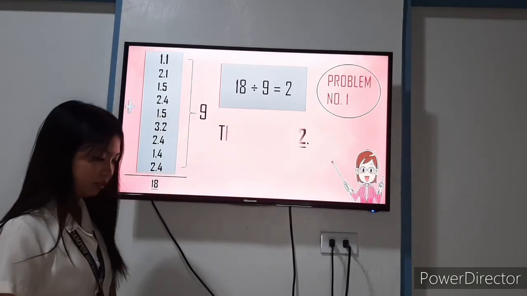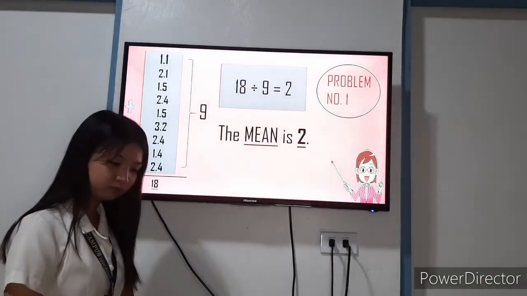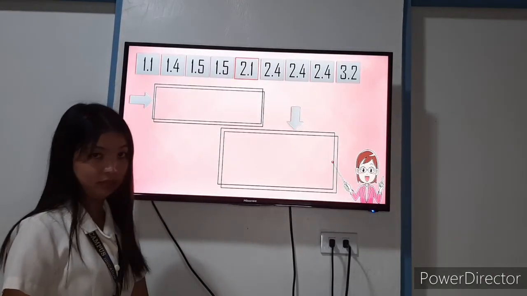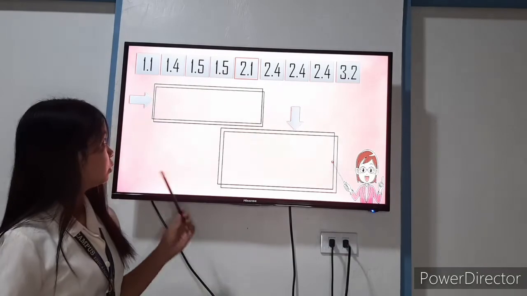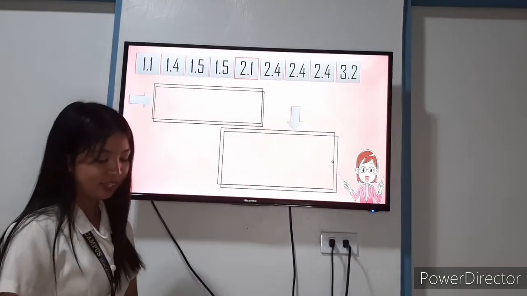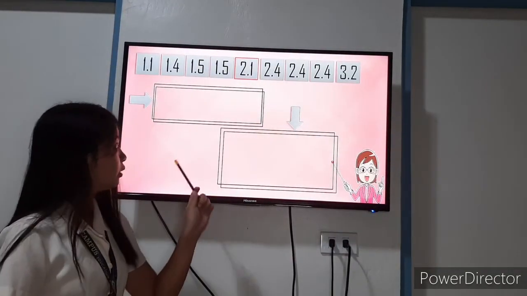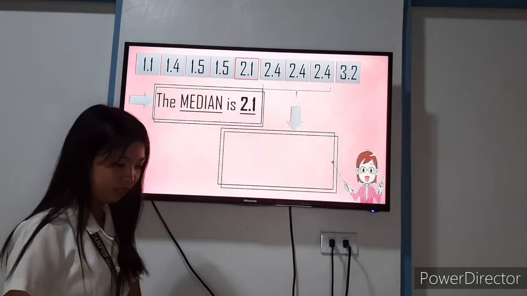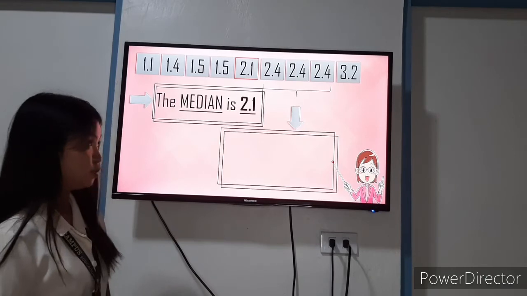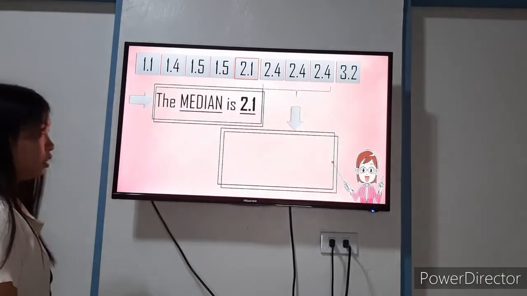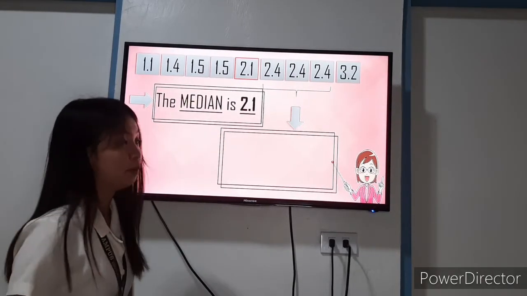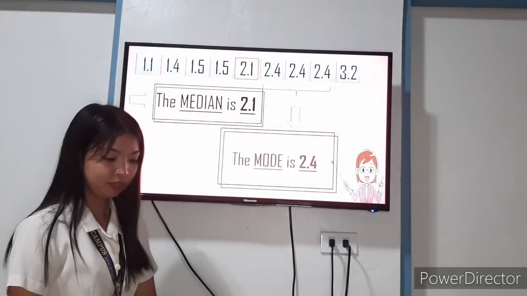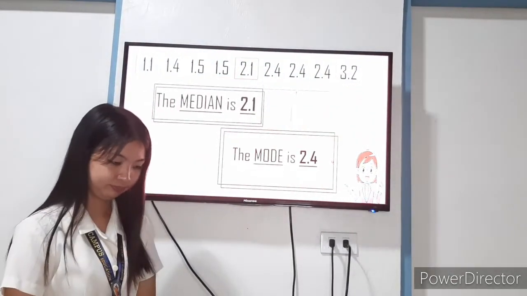Therefore, the mean is 2. To find the median, we need to arrange it from least to greatest and find out what data falls in the middle. So, the median is 2.1 and the last we need to find the mode. So as you can see, 2.4 appears thrice, therefore the mode is 2.4.